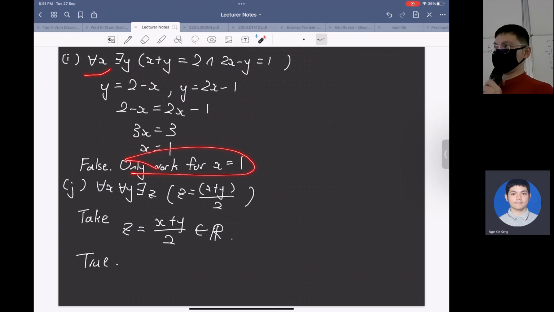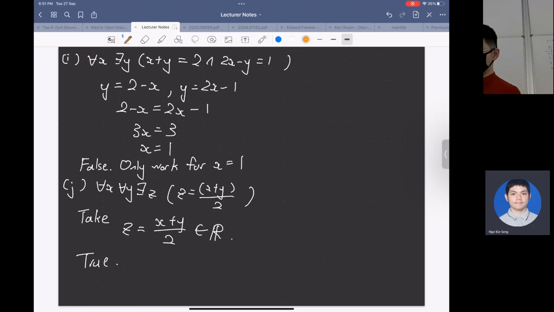It doesn't work for every x. But if I change the statement to there exists an x for every y, then it is true. x is 1, and the equation doesn't depend on y.